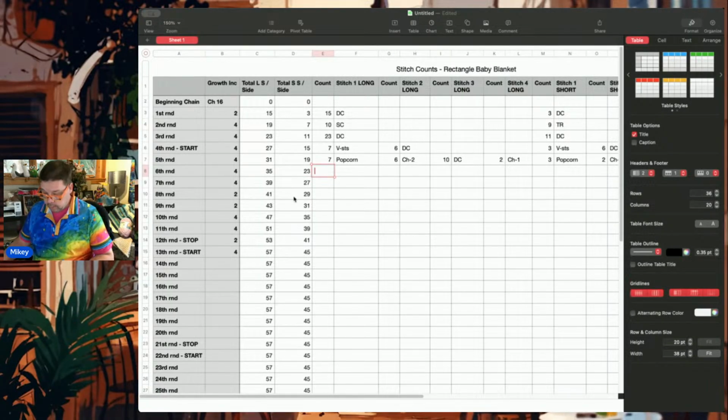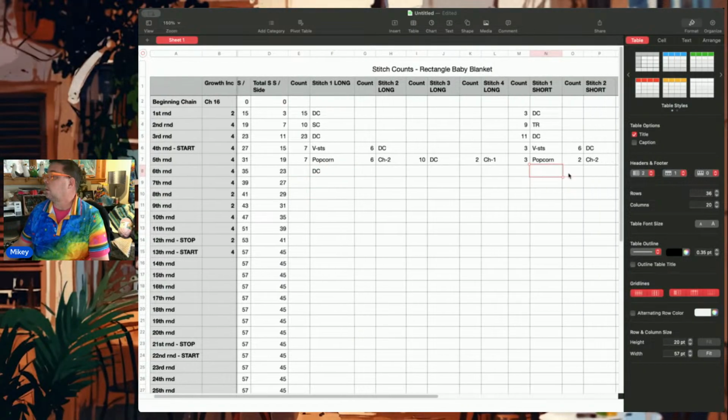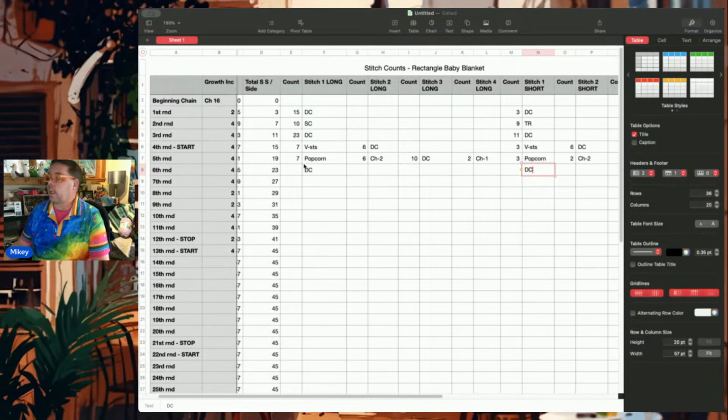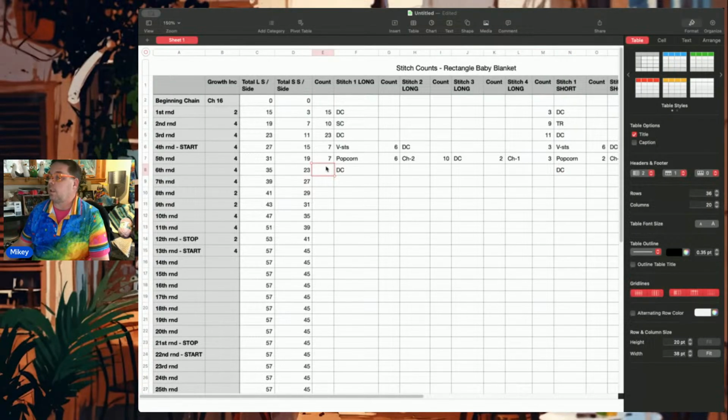Okay, so what we have is number 6. 6 is back to double crochet. So we're just going to say it's double crochet. Stitch 1, double crochet. And so this would be the same number as that.